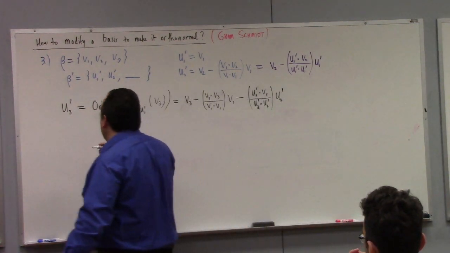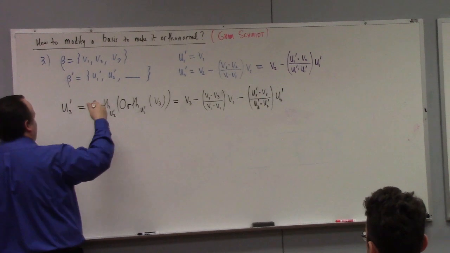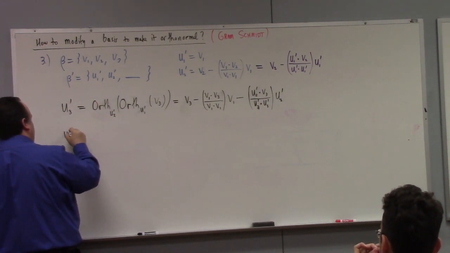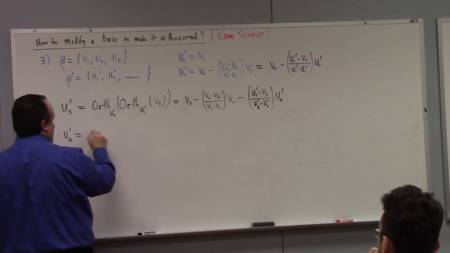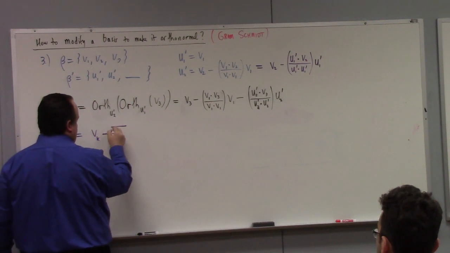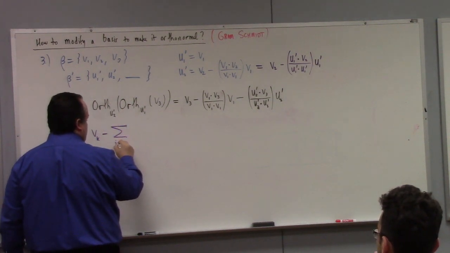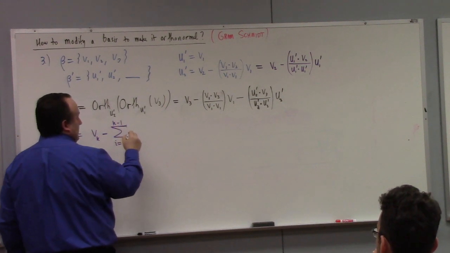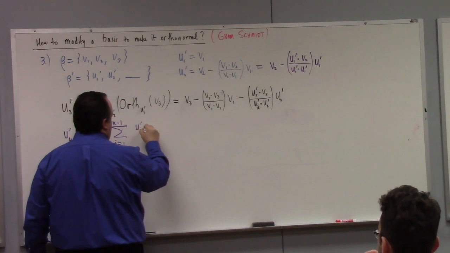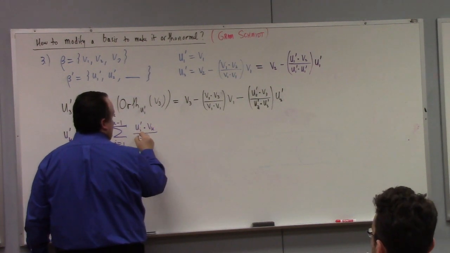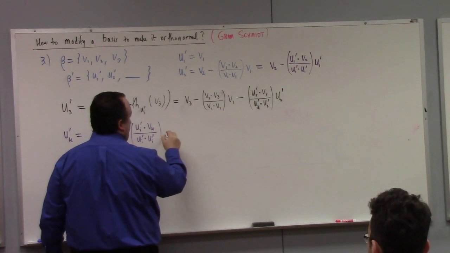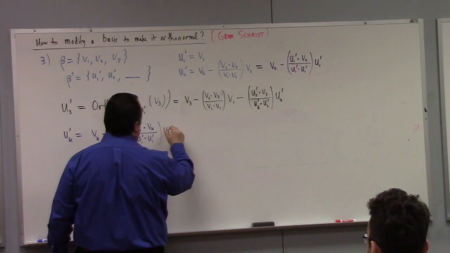So continuing this story, if we were to go past 3, and we were talking about the kth step, the kth prime step would be something like this: vk minus the sum, let's say i equals 1 to k minus 1, of u sub i prime dot vk divided by u sub i prime dot u sub i prime, times u sub i prime.